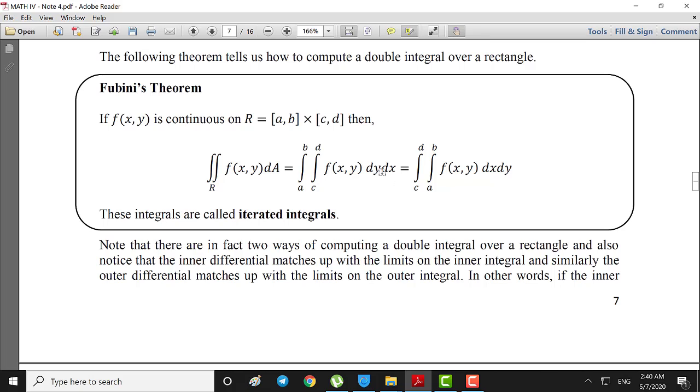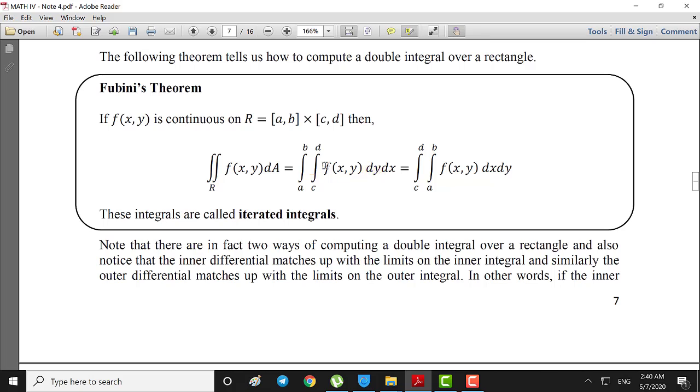Now, notice that the limits for the outer integral match the outer differential, and the limits for the inner integral match the inner differential. Okay? What did we say?